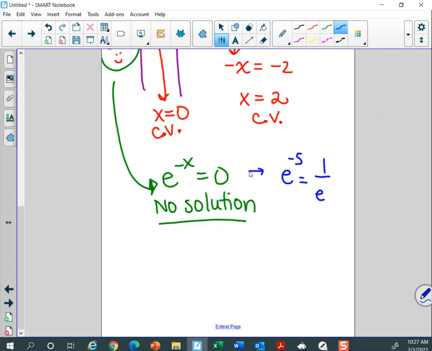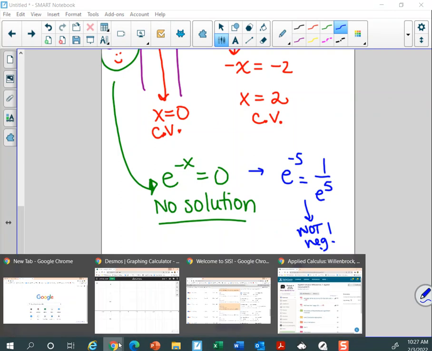That's this. And e to the 5th is not negative. So 1 over e to the 5th is not negative. It's not negative, so it's definitely not 0. Right? It can't even be negative. If we put a 0, you're like, well, what if we put a 0? Well, you can't do that and get 0 because it's 1.